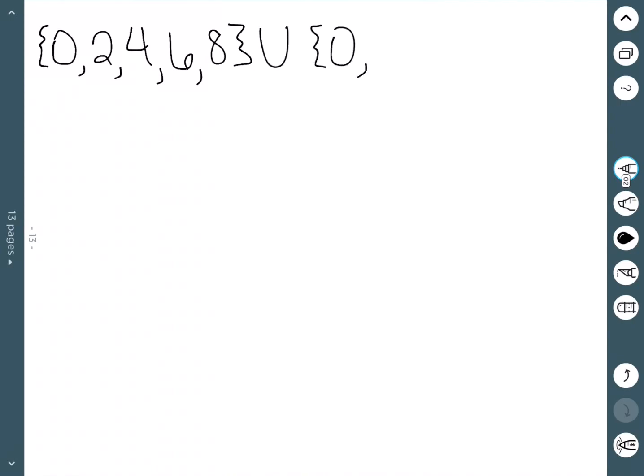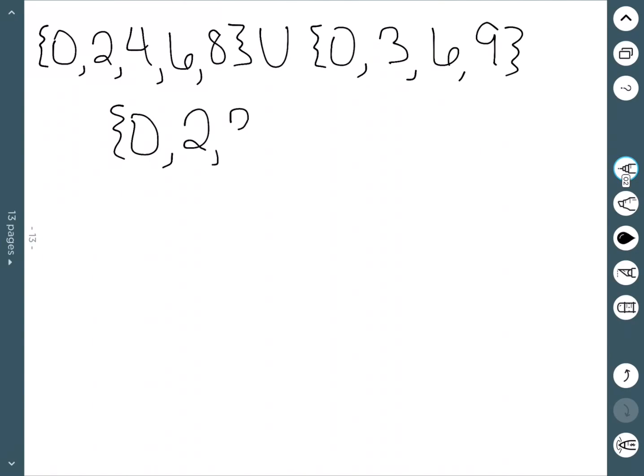For our first example, we have 0, 2, 4, 6, 8 unioned with 0, 3, 6, 9. The union essentially means combine these two sets into one. So I have a 0, a 2, a 3, a 4, a 6, an 8, and a 9.